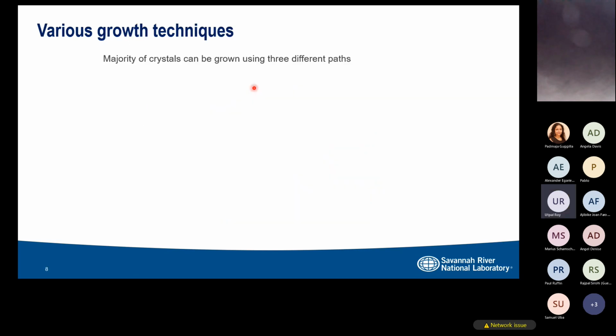Now there are various growth techniques, and the majority of crystals, whether for radiation detectors or any other applications, can be grown from different techniques, which are called melt growth, vapor growth, and solution growth. What is melt growth? Melt growth means you melt the whole material and then solidify from bottom to top or top to bottom.